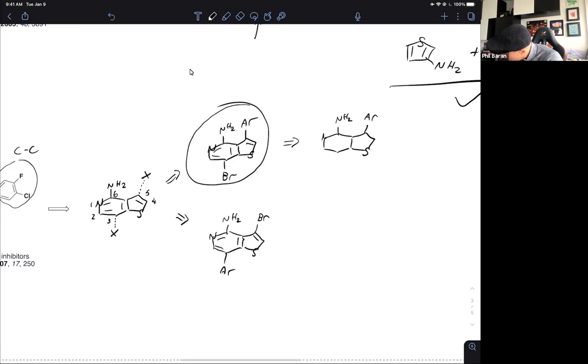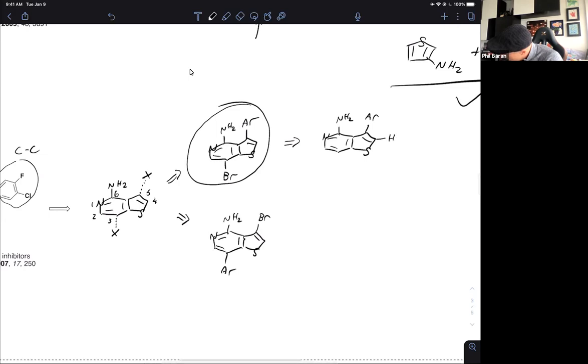We clearly can't have two bromines there. So what strategy might we use to figure out whether we're going to get bromination here, here, or here? Is there any method we have at our disposal, a priori, that doesn't require breaking out a supercomputer to tell us where the halogenation would go? I mean, I think it might go here. I'm not sure. Do you know?